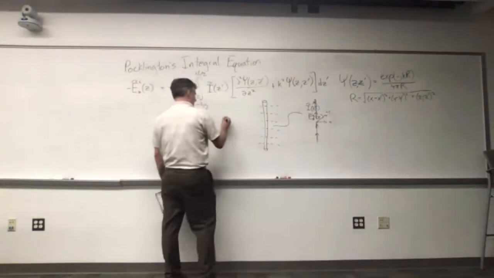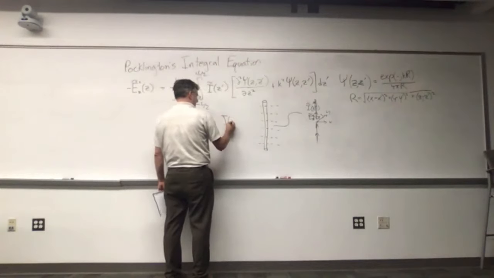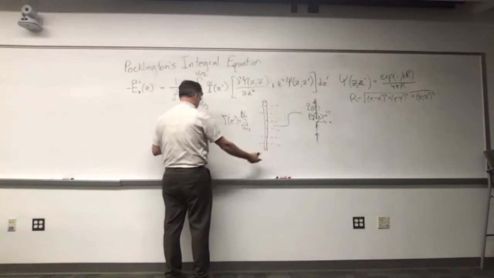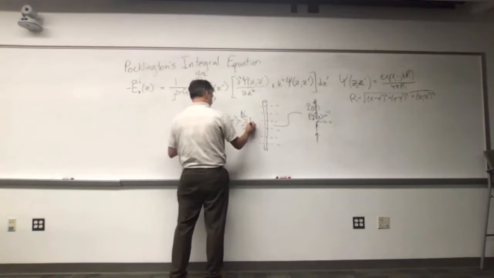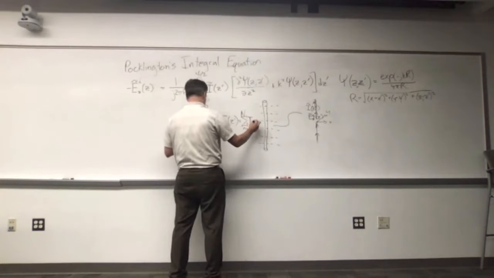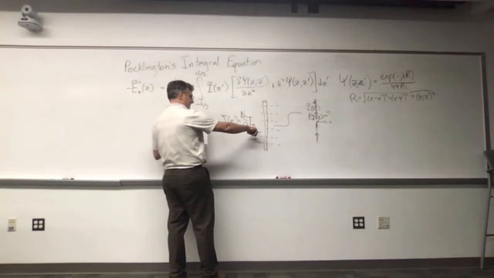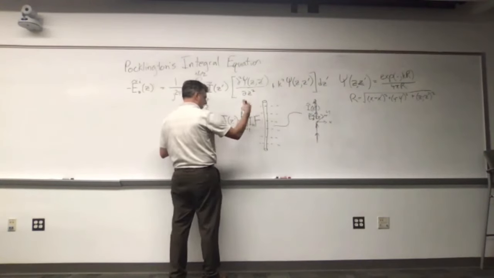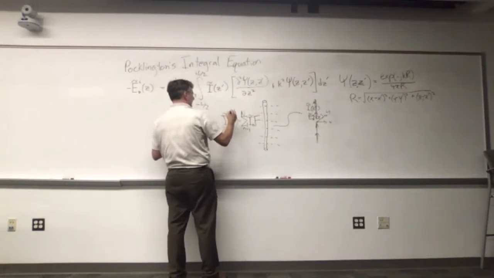And the way that I will write this then is that I as a function of z prime is going to be approximately equal to the sum, n equals 1 to capital N, 7 in this silly little diagram, of I sub n, that'll be my amplitude sample, which of course can be complex.